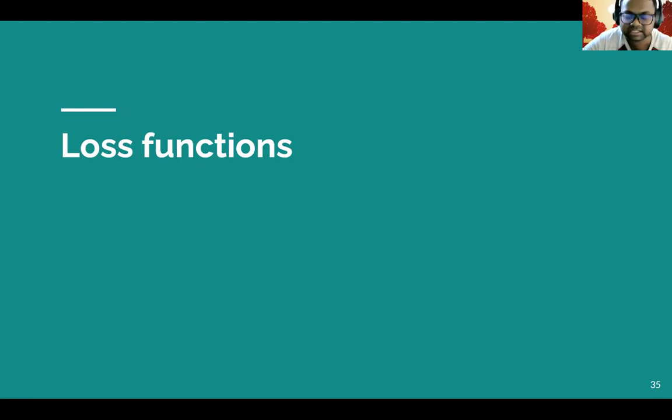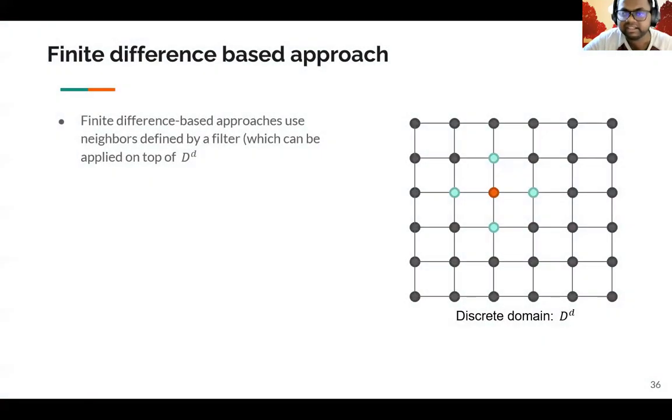We learned about CNNs. How do you train these neural networks? We need loss functions defined on these CNNs. Here is where the novelty of bringing numerical methods to the world of scientific machine learning comes in. The first approach we look at is the finite difference based approach.